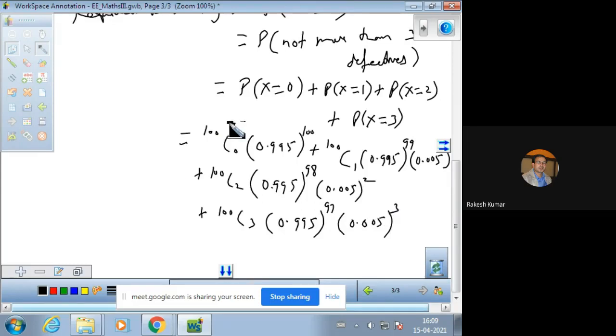This will be the sum of these 4 probabilities, the required probability.